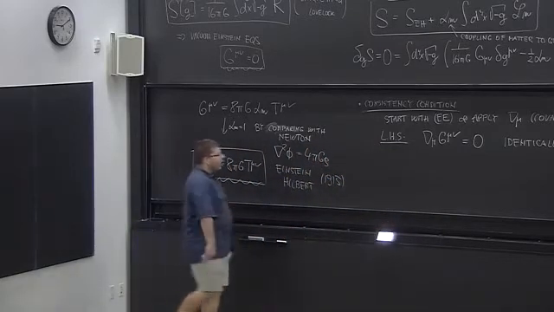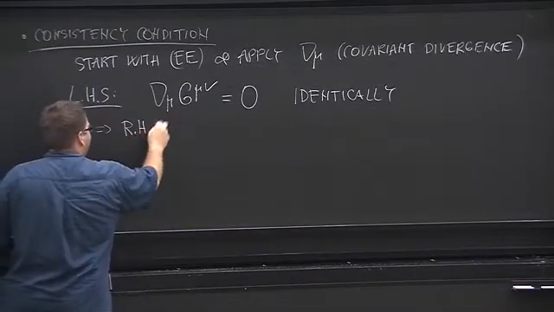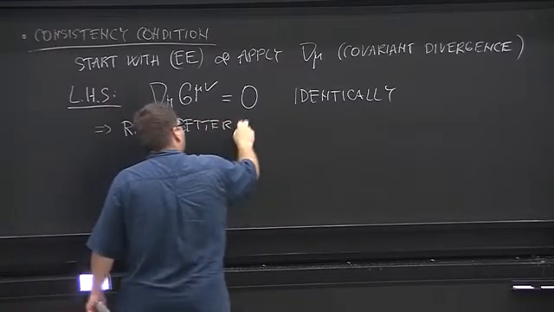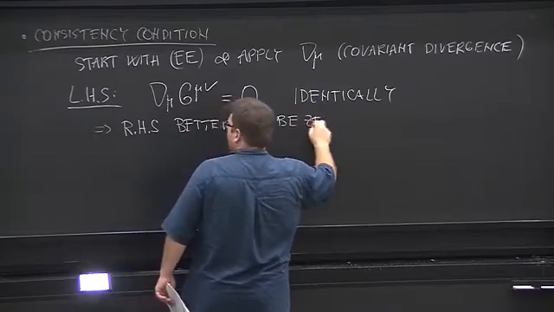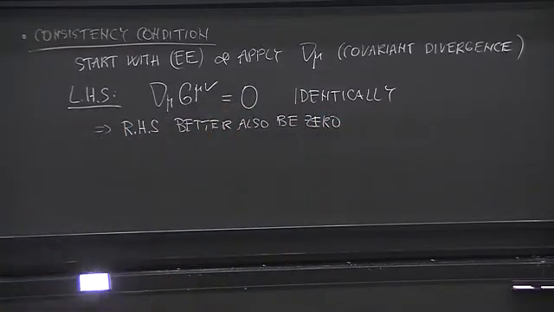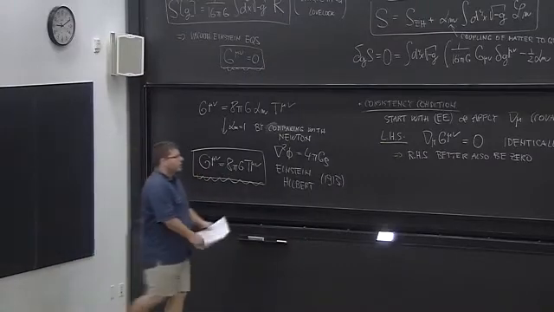Okay, so what it implies is that the right-hand side also better be 0. Because if it's not, then the Einstein equations are inconsistent, right? So I have some identity, and the equation must still be true.